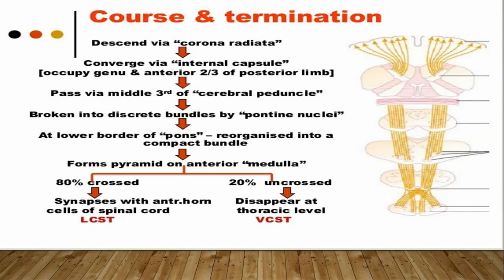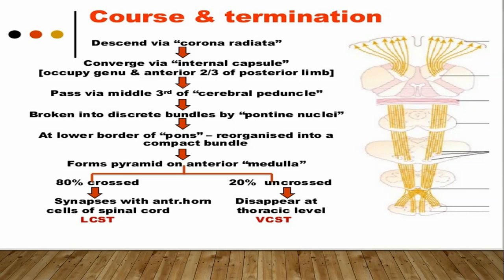The ventral corticospinal tract descends up to the mid-thoracic level, and near their termination, most of the fibers cross the midline to synapse on contralateral neurons. So the ventral corticospinal tract, at the level of spinal interneurons, supplies the proximal muscles.